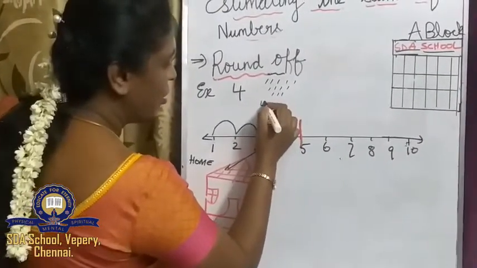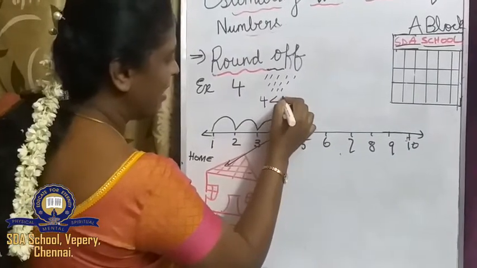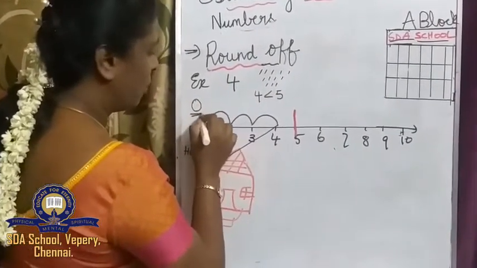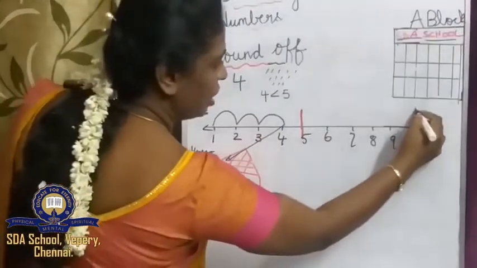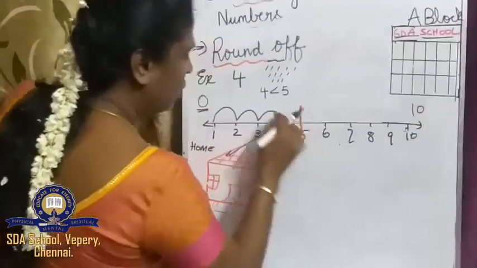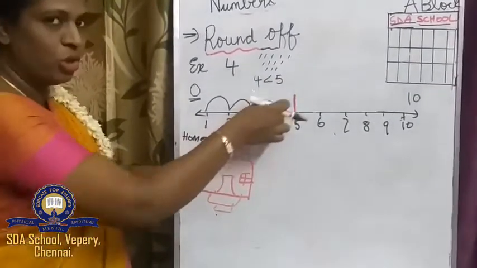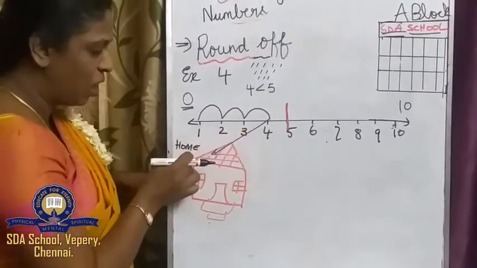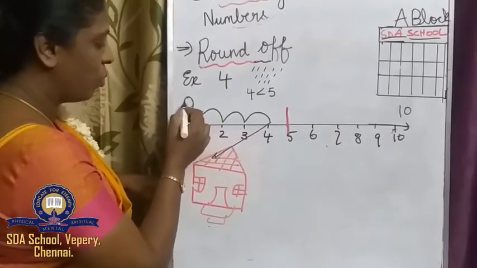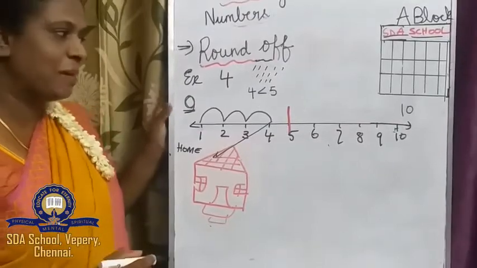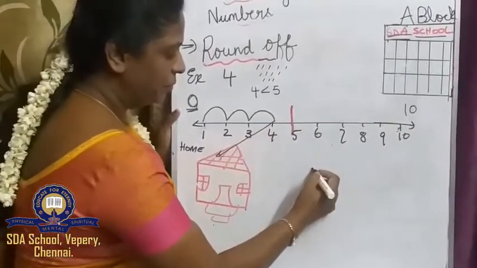Less means you have to come to 0 point. Greater means you have to go to 10. So 4 is lesser than 5 means you come back to your home. So you're rounding down, to how much? 0.